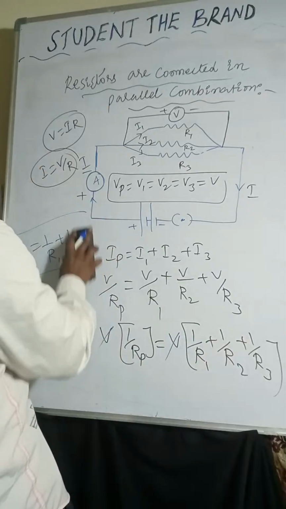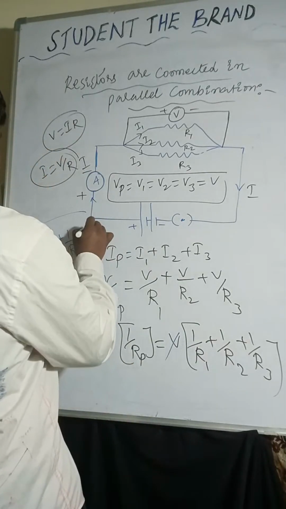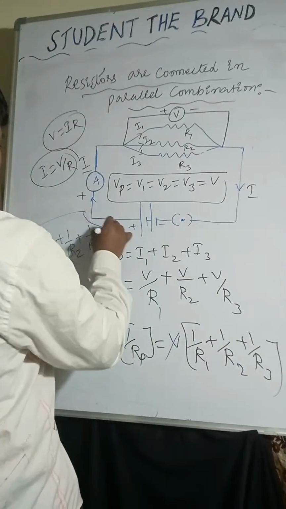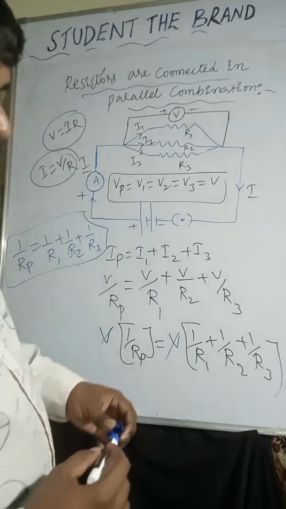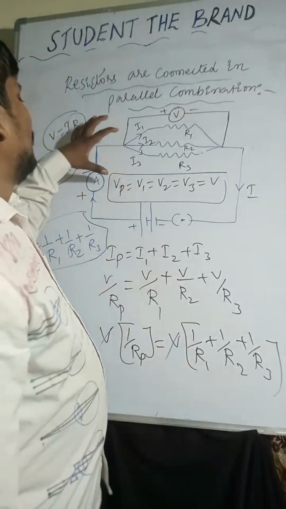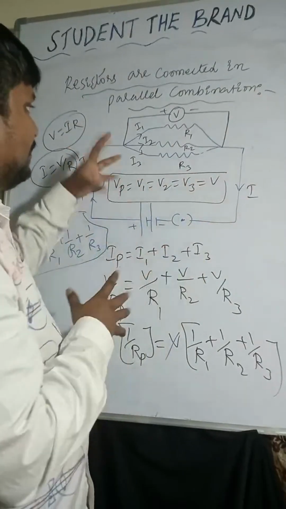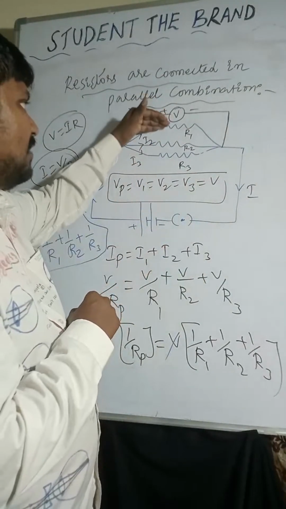This is the formula for resistors connected in parallel combination. I hope it is very clear. Now check once. Throughout the circuit, current is dividing. Potential difference is the same across R1, R2, R3.